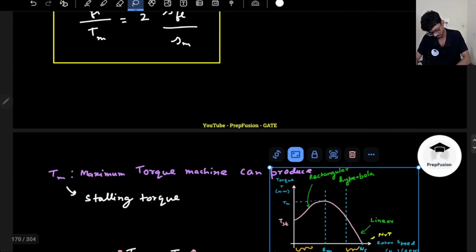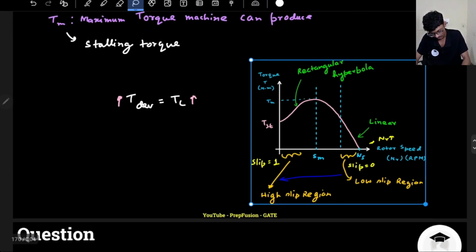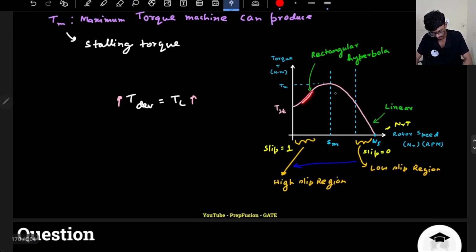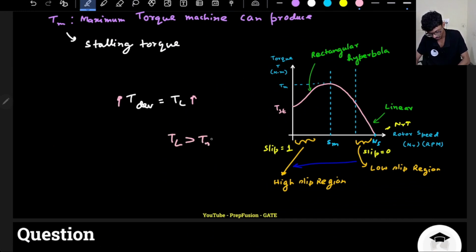In this case, I can increase my torque only up until this point. I cannot go above it. So if my load torque is higher than the maximum torque, then the machine won't start. The machine will not run.